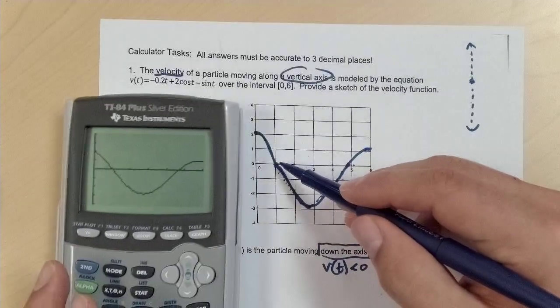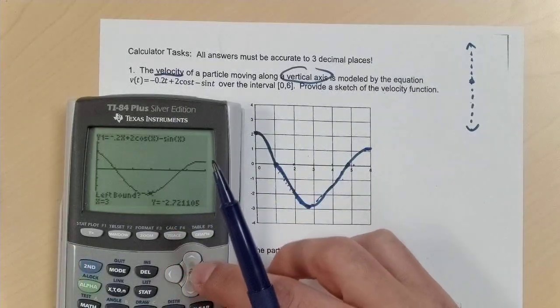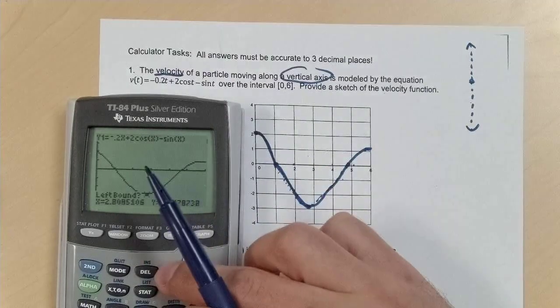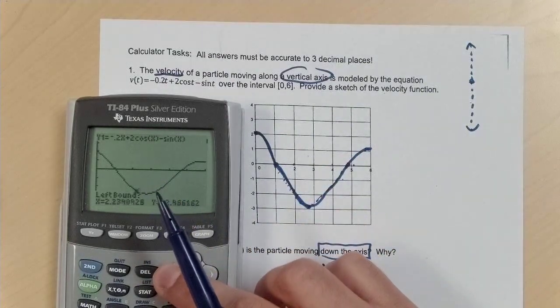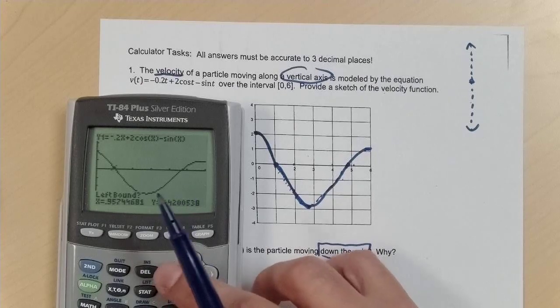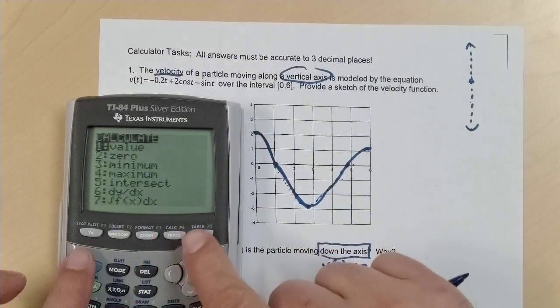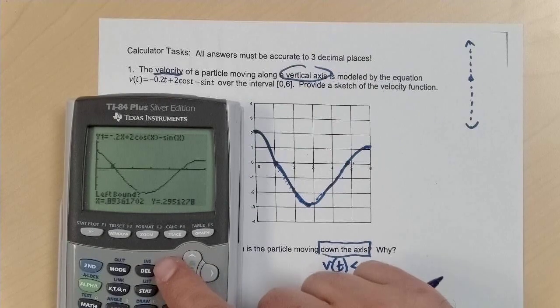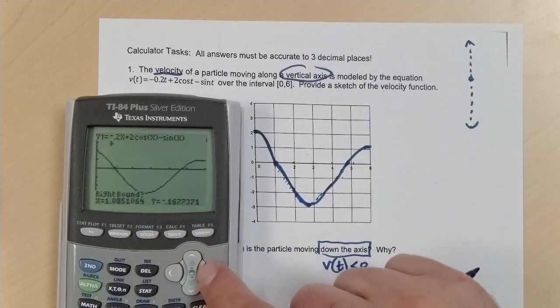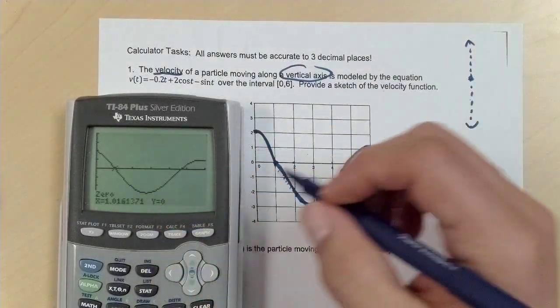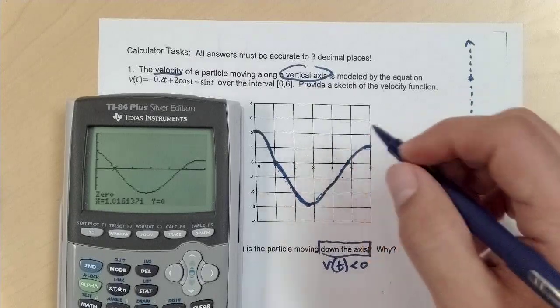The easiest way to do that on the calculator is to find the zeros, so you can figure out what those x-intercepts are. Again, you go second, calc, go to 0, go to the left of the first x-intercept, go to the right of the intercept, and you get about 1.016.